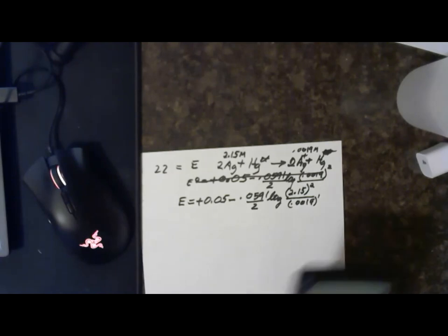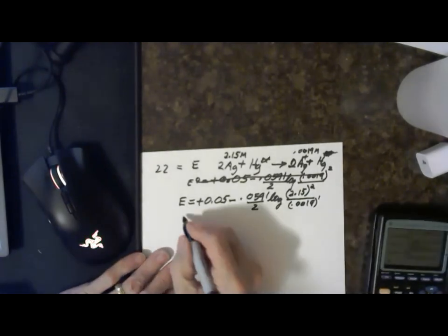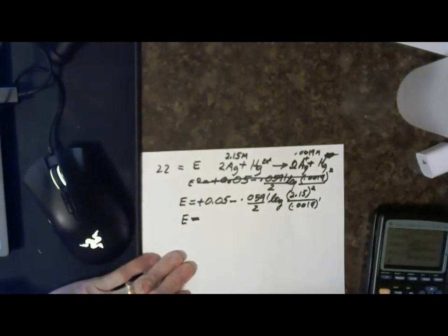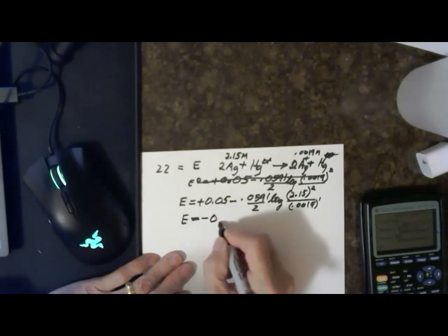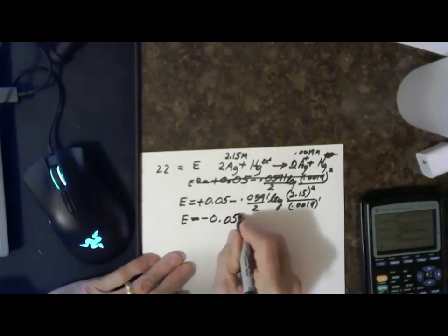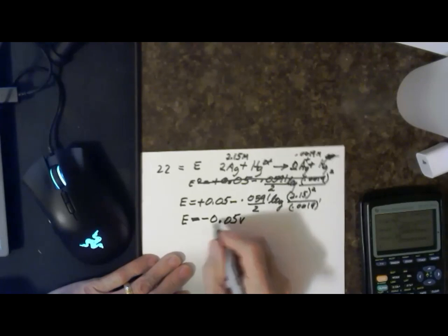So the E for this cell is going to be equal to minus 0.05 volts.